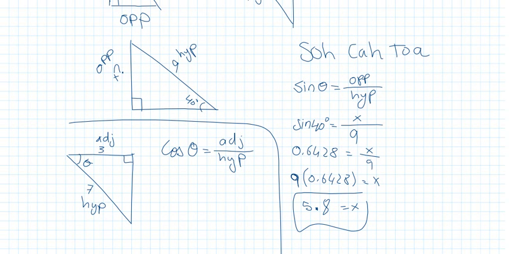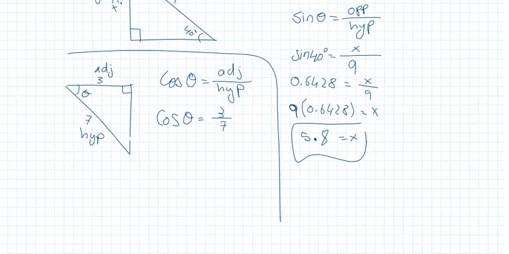Inverse. You guys remember how to find the inverse on the calculator? Shift and the cosine, right? Either shift or the second button, depending on your calculator. So remember that anytime you're looking for the angle, you're going to have to do the inverse. So cos inverse, that -1 that you have on your calculator. And then in bracket, you're going to put the 3/7 in bracket.